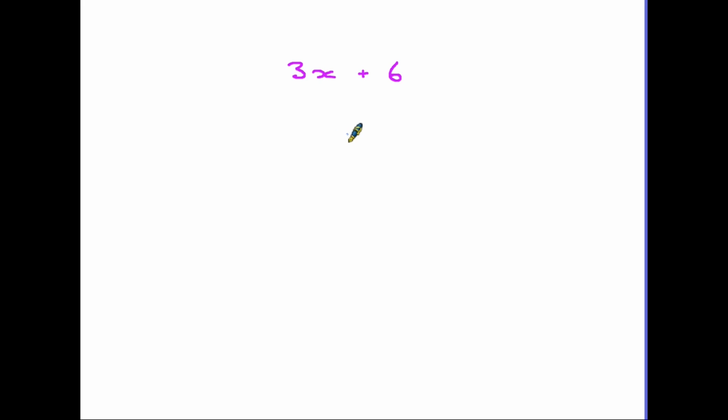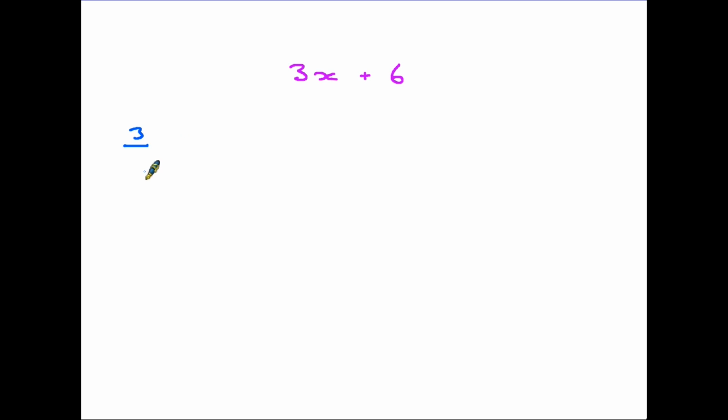Again, this is another topic that you might want to have a look at if you're not sure about highest common factors. It may well be that you can already spot the highest common factor between 3 and 6, but if not, then maybe you need to list out the factors. So the factors of 3 are 1 and 3. It's a prime number, there aren't any other factors.